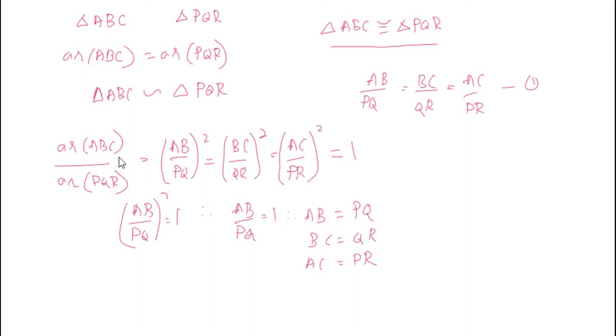So in these two triangles ABC and PQR, the corresponding sides are equal. Therefore, triangle ABC is congruent with triangle PQR by the criteria side, side, side. All three corresponding sides are equal.